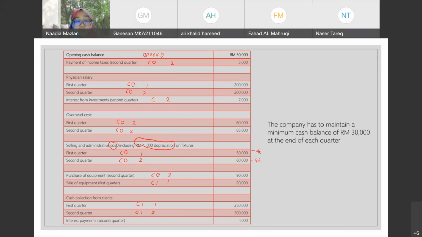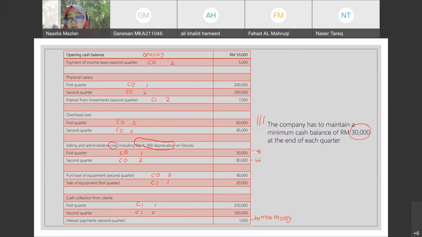Interest payment for the 2nd quarter. This means you are going to borrow money, so this is outflow. You have to put the interest payment because there is another piece of information saying the company has to maintain a minimum cash balance of 300,000.